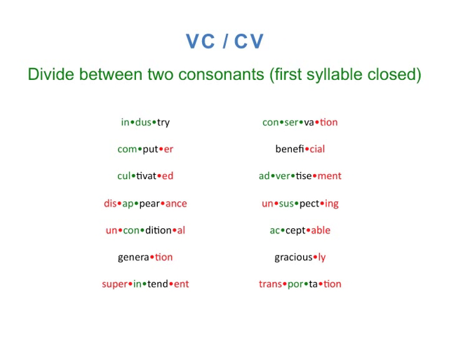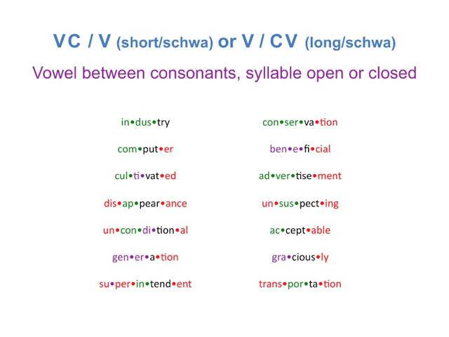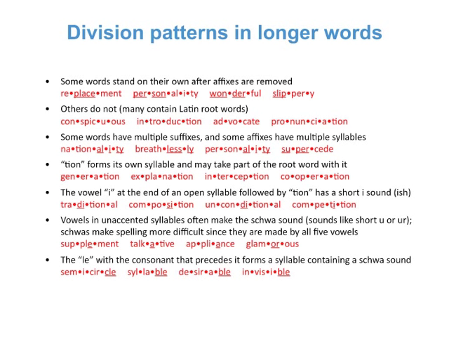Next, look for consonant clusters. Divide between the two consonants, leaving the first syllable closed. If there is one consonant between vowels, divide after the consonant when the syllable is closed, or after the vowel if the syllable is open. These are some of the syllabication division patterns that emerge in longer words.